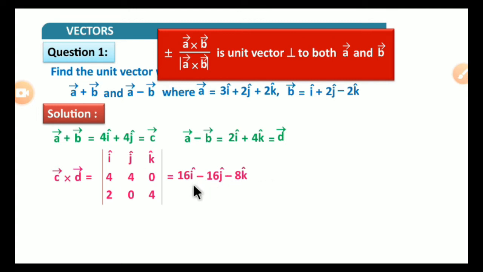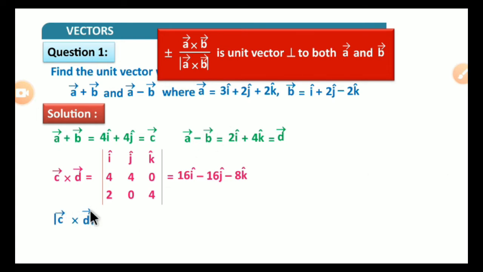So after the simplification, the determinant will be equal to 16i minus 16j minus 8k.